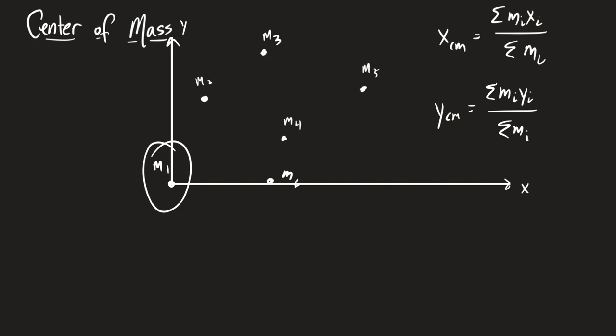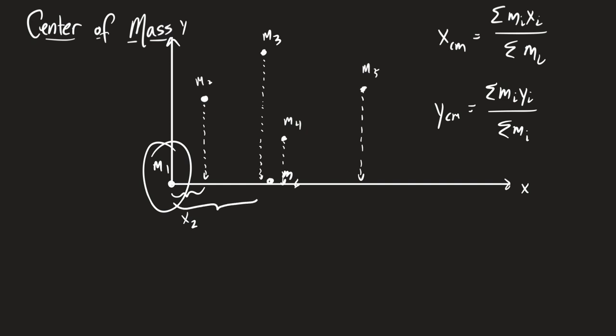Now, calculating the center of mass means that when you're looking at a one-dimensional projection, you simply look at the x-coordinate for every object in your system. I have what appears to be 6 objects. So I will look at, this is x2. That is the distance from the origin to where the second mass is in the x direction.